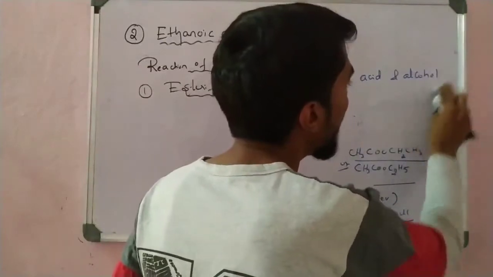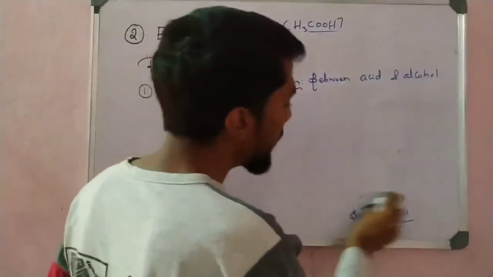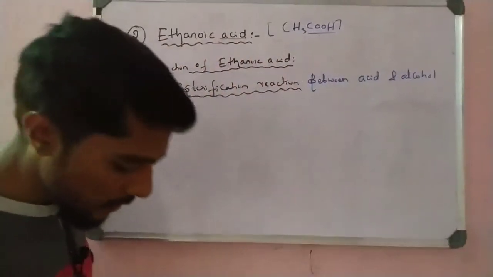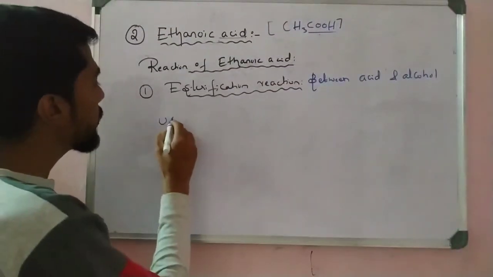Now take the uses of the esterification reaction. This is a sweet substance; when this reaction takes place, a sweet smell is released. Now come to the uses of ester.